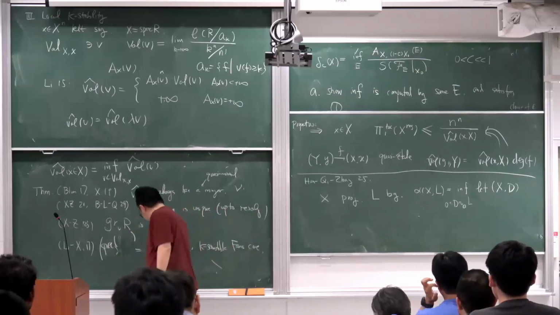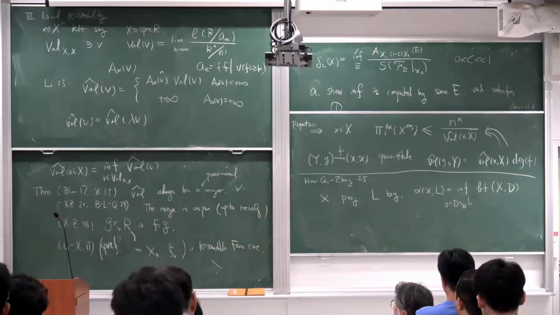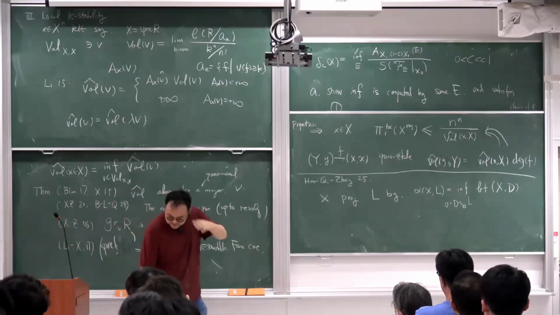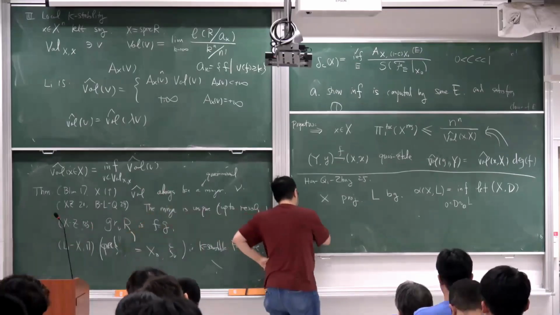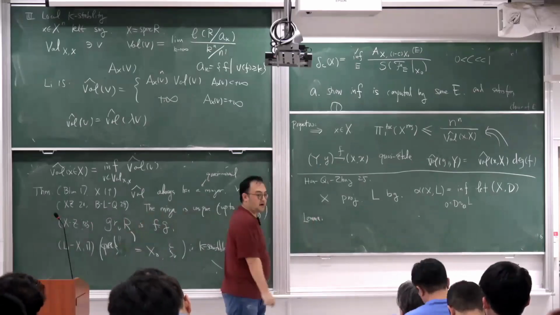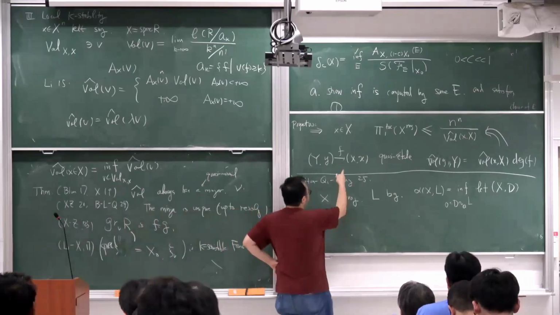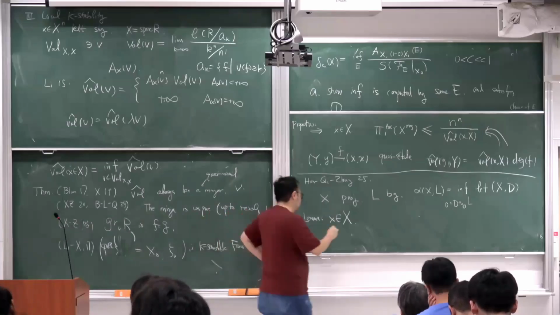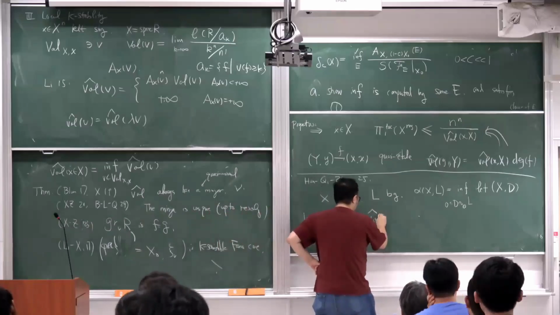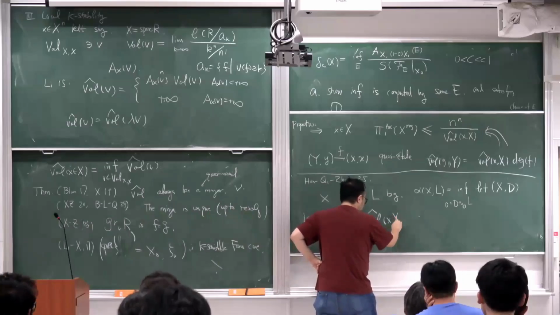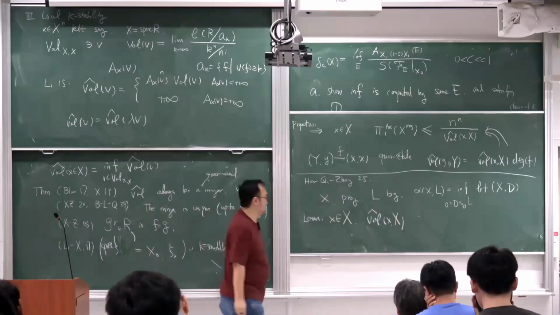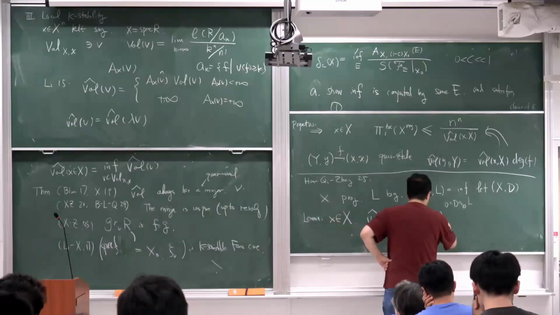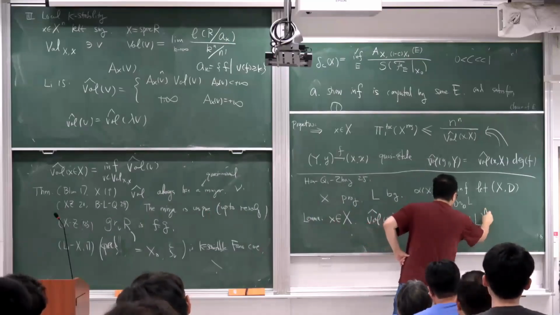I'll just say a lemma. Under this assumption, for any point x in X, the local volume of x in X is at least the volume of L times alpha(X, L) to the n.